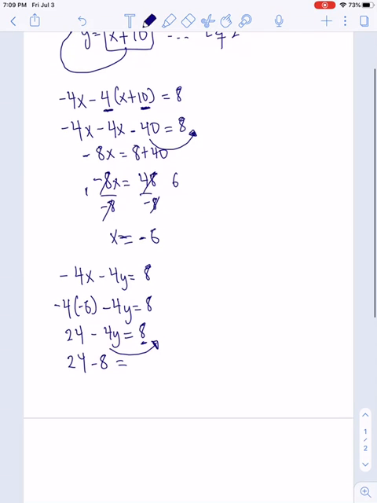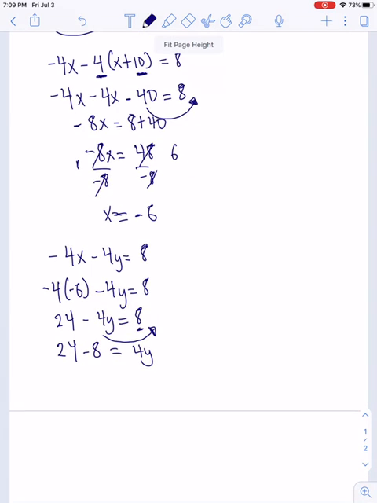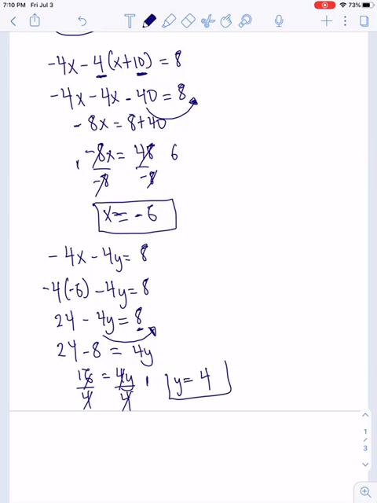So it's going to be a positive 4y. 24 minus 8 will be 16 equals 4y, and 4y divided by 4, 16 divided by 4, 4 cancels 4 as 1, and 4 goes into 16 4 times. So our y will be 4. So our final answers are x equals negative 6 and y equals positive 4.